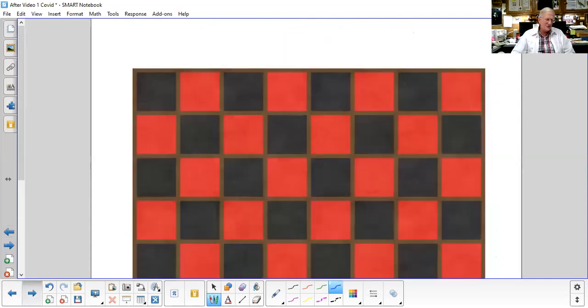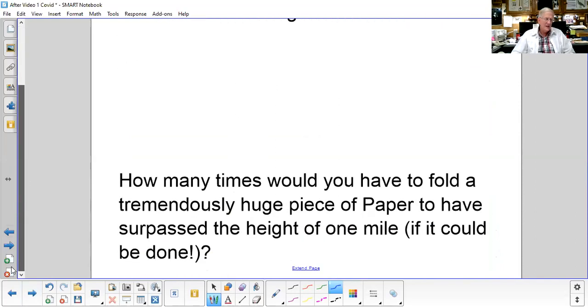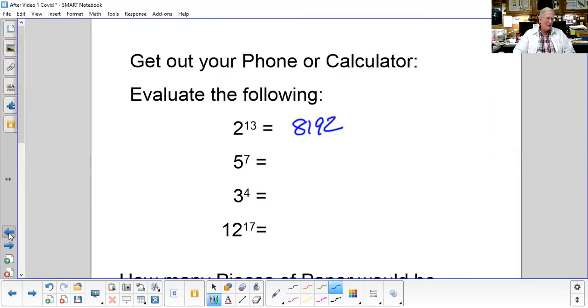Now, let's go back to this crazy question I've asked here. How many times would you have to fold a tremendously huge piece of paper, if you could do it, to have surpassed the height of 1 mile? What? 1 mile.